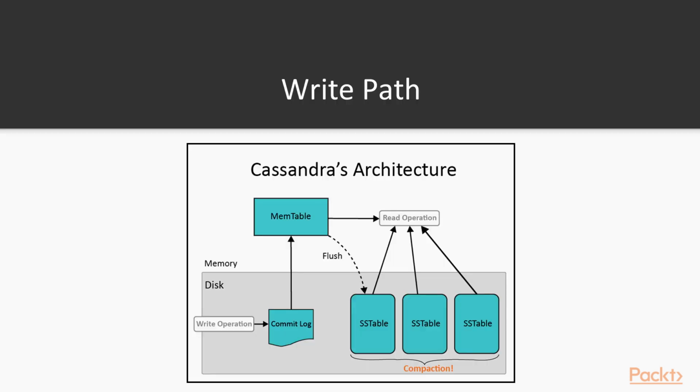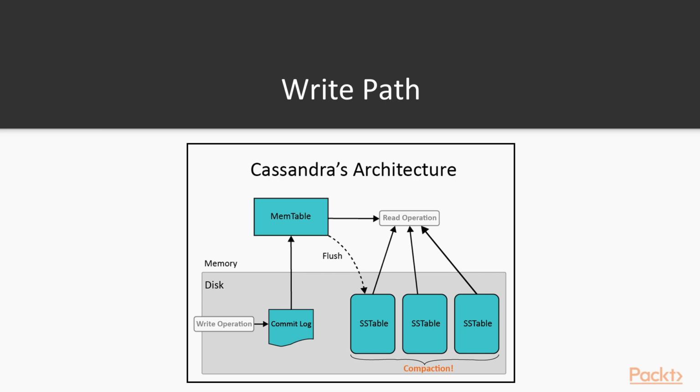So let's look at the write path diagram. We have a write operation, and the write operation goes to the commit log, and this is persisted on disk. So this will be stored and durable even if the node restarts. Then data is written to the memtable, and this is an in-memory data structure, so this is a very fast write operation.